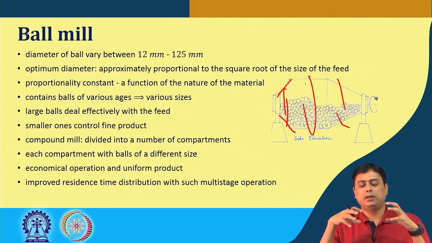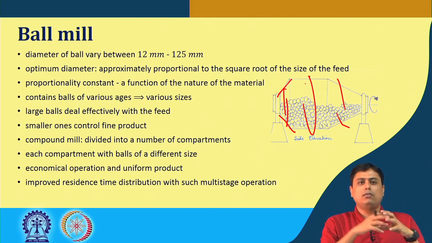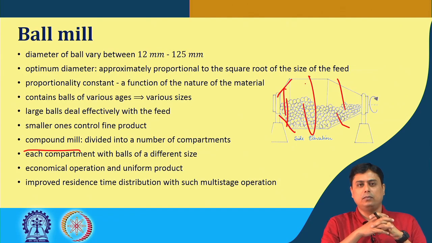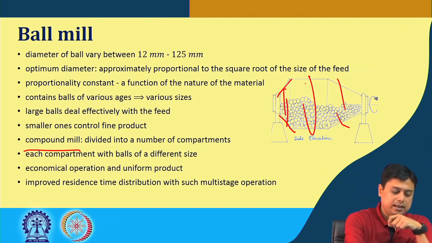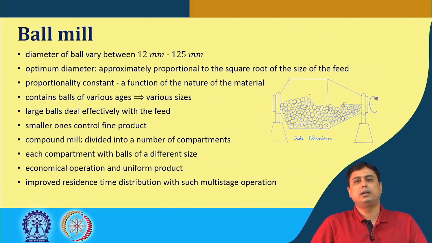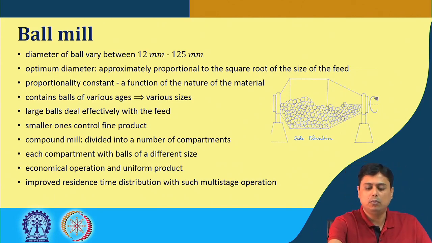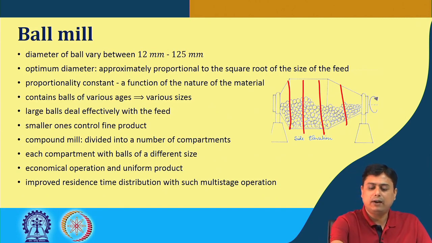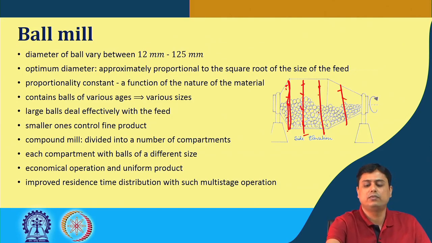That is why compound mills, or compound ball mills, are used. Here, this ball mill, which is a single compartment, is divided into multiple compartments with vertical screens, which are of different sizes.